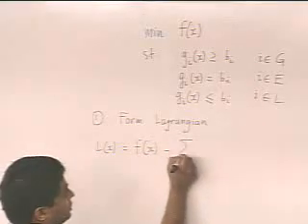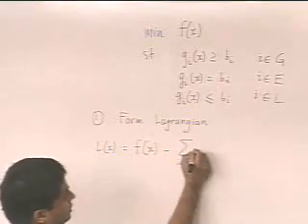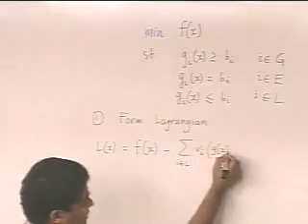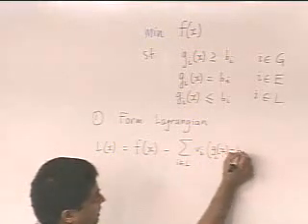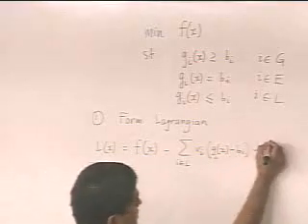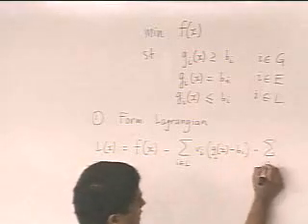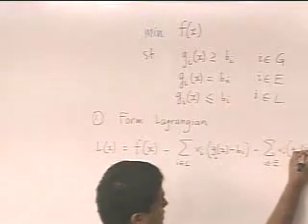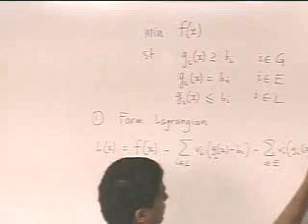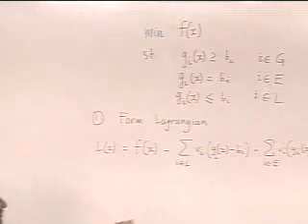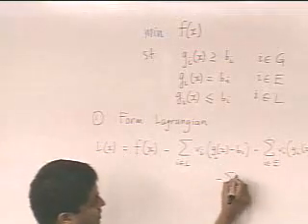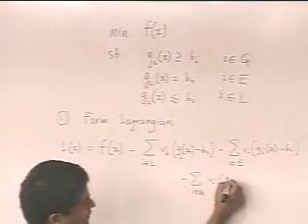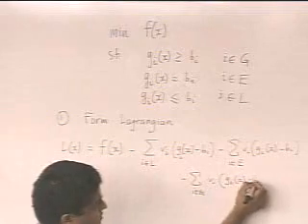So for every constraint you have a multiplier: minus summation of i in L of vi times gi of x minus bi, minus summation of i in E of vi times gi of x minus bi, minus summation of i in G of vi times gi of x minus bi.